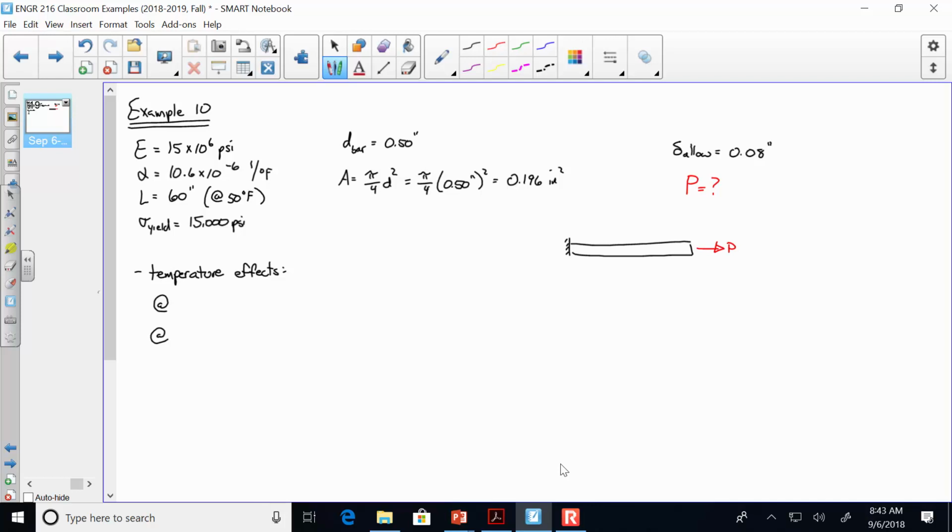I've got a coordinate system right there. So what would the x value be here and here? Now, remember, this bar is 60 inches long, so that L equals 60 inches.